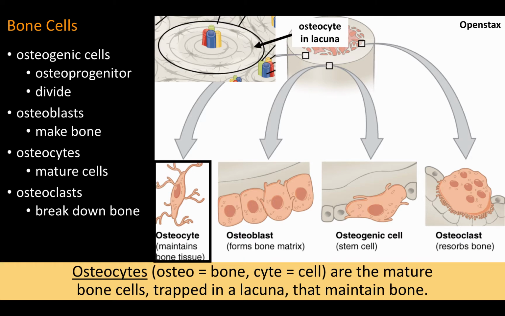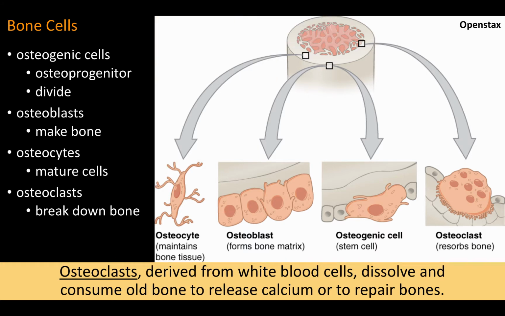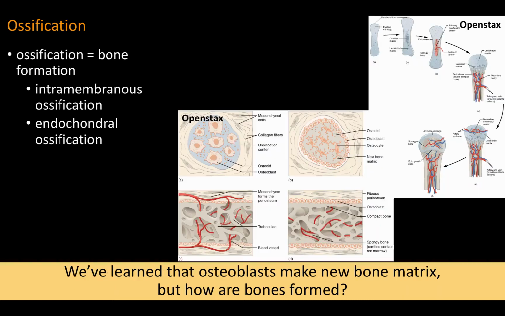Osteocytes, osteo equals bone, cyte equals cell, are the mature bone cells, trapped in a lacuna, that maintain bone. Osteoclasts, derived from white blood cells, dissolve and consume old bone to release calcium, or to repair bones.